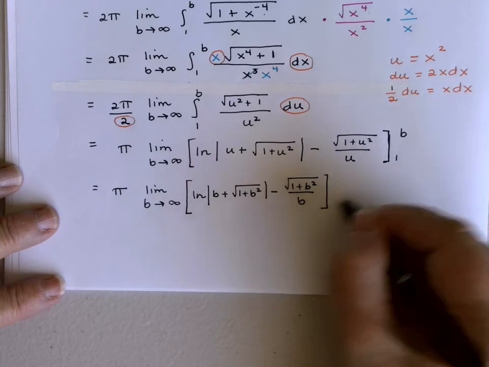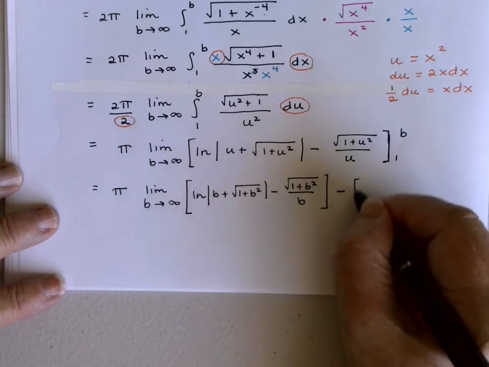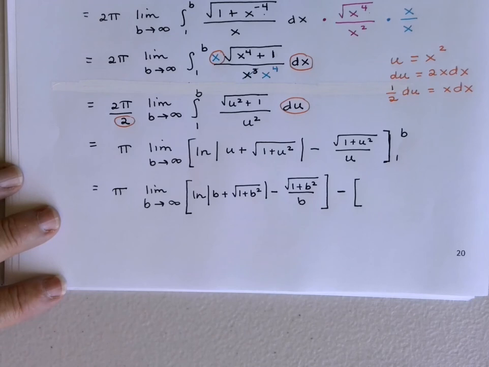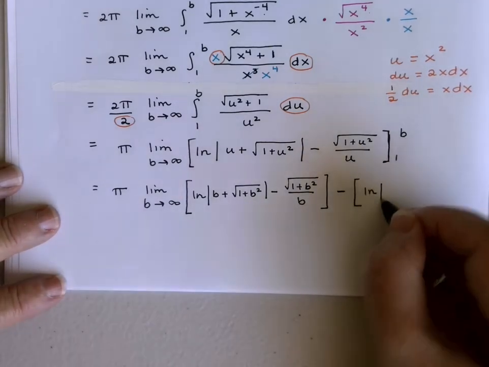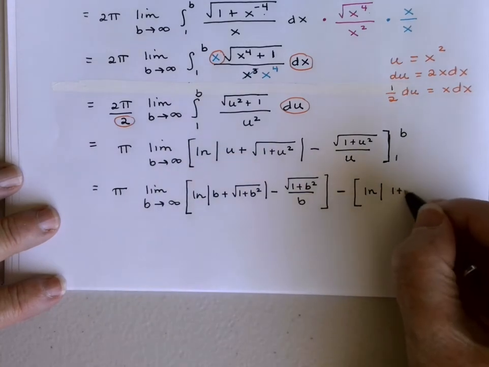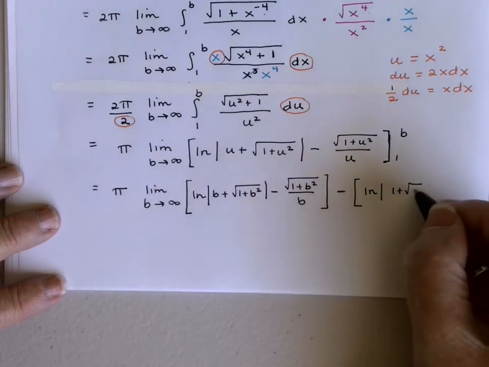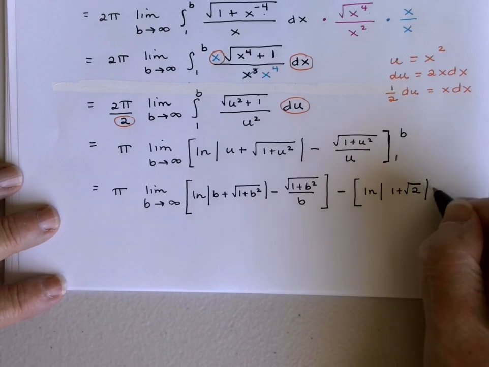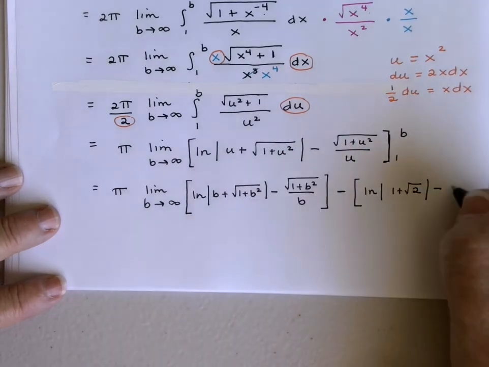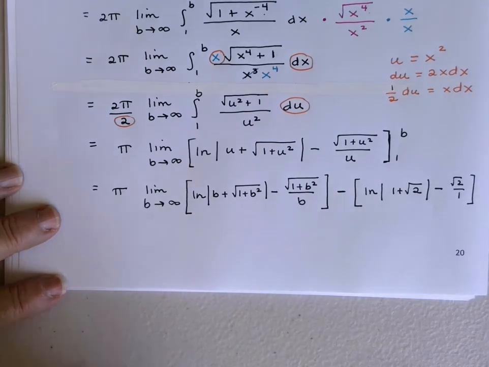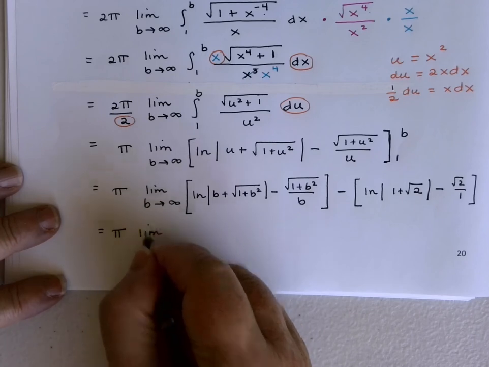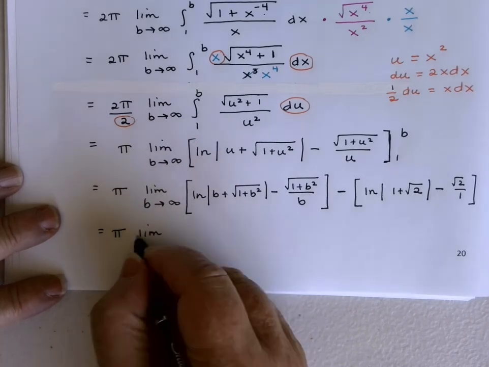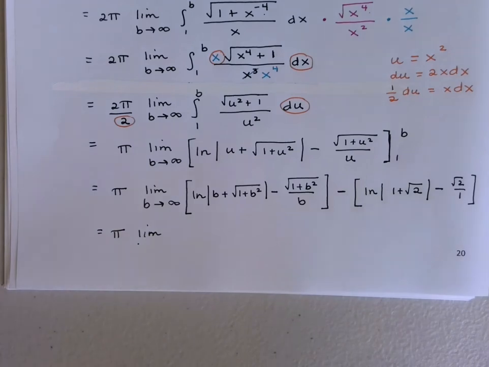Subtract what I get when I plug in the 1, which would be the natural log of 1 plus the square root of 1 plus 1, which is 2, minus square root of 2 over 1. Actually, we're going to go ahead and do the limit, so I'm not going to write the limit here.